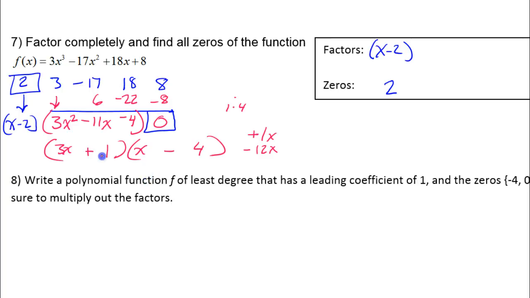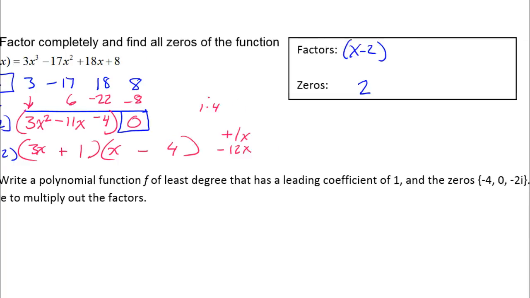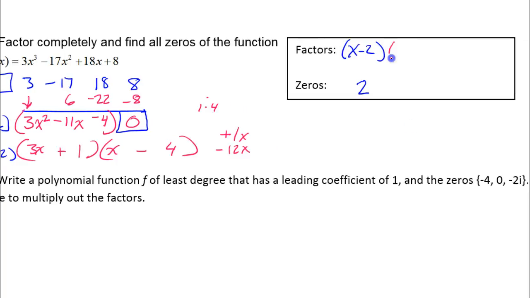All right, and positive 1 times negative 4 makes negative 4, so we're good. So now we have factored completely. Okay, so I had my x minus 2 over there already, but now I can add on to that 3x plus 1 and x minus 4.